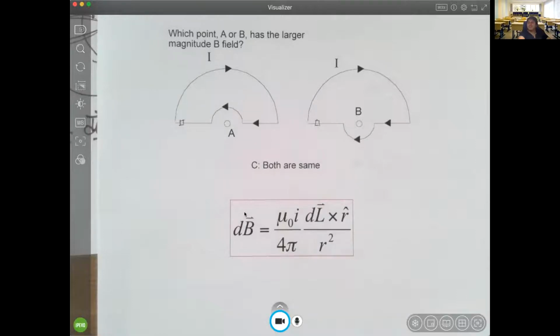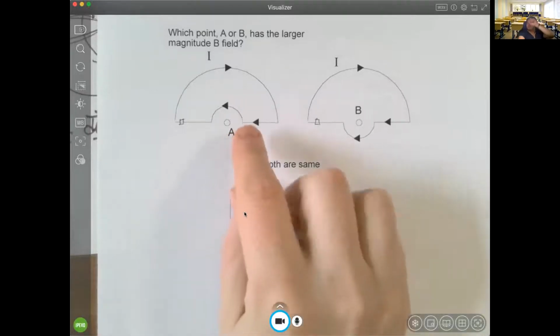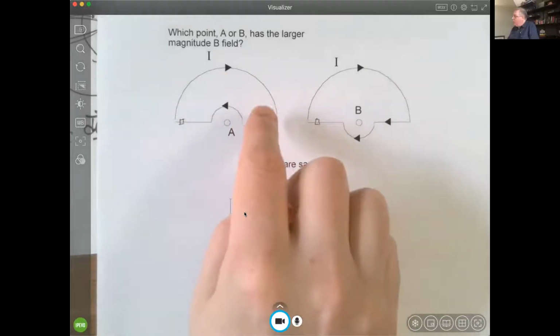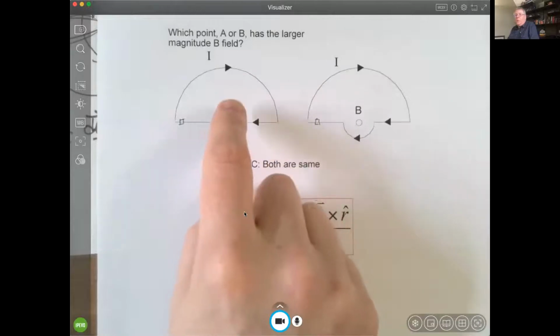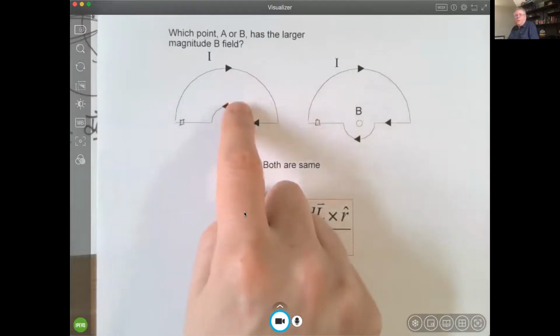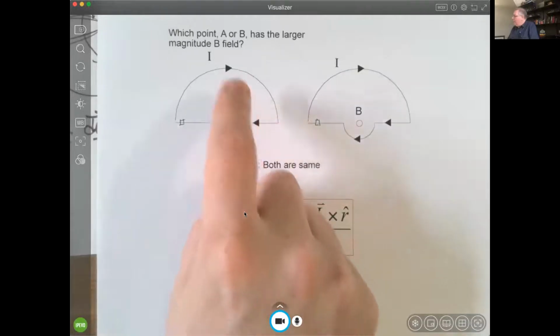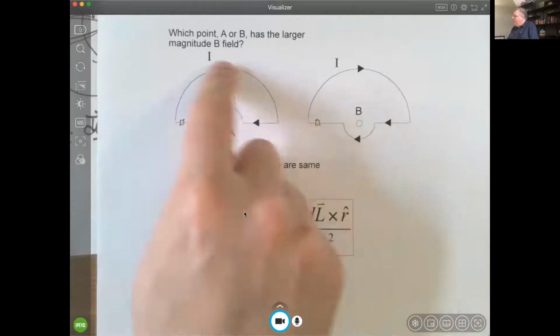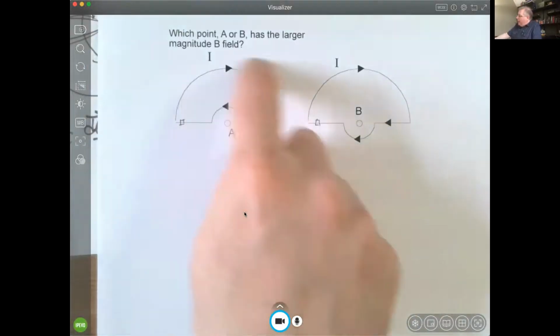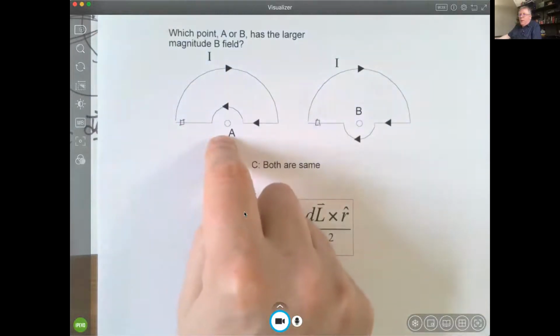I just thought the multiple loops would add up. Well, they will add up, but here's the question: which way is the field from this one being made, and which way is the field from this loop being made? So this thing is like a half loop. If I put my thumb along it, he's going to be creating a field into the page, right?